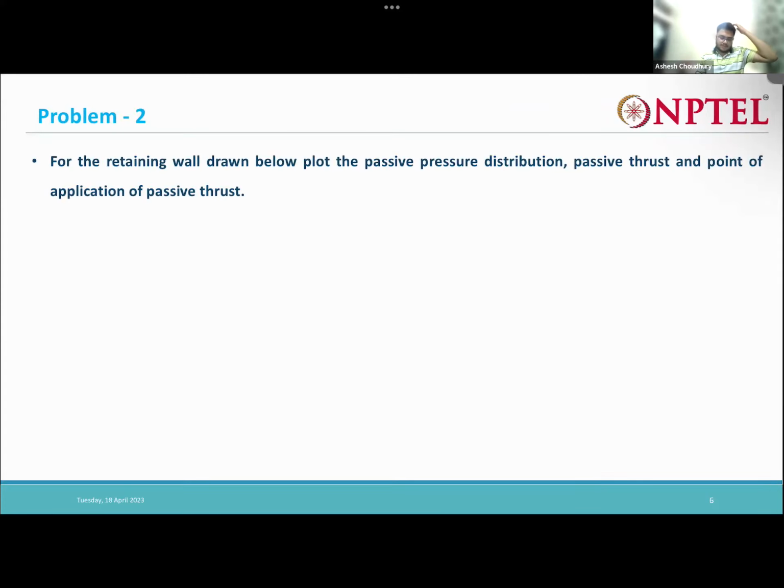Okay, the next problem is, for the retaining wall drawn below, plot the passive pressure distribution, passive thrust, and point of application of the thrust.